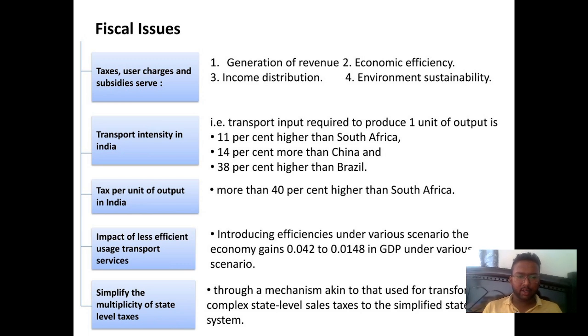Impact of less efficient usage of transport services: introducing efficiencies under various scenarios gives economic gains of 0.042 to 0.0148 in GDP. Simplify the multiplicity of state level taxes through a mechanism akin to that used for transforming the complex state level sales taxes to a simplified state VAT system.